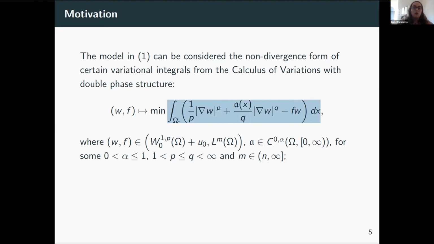In this case, A is of class C^alpha for some alpha between 0 and 1, P and Q are greater than 1 and bounded, and m is between n and infinity.